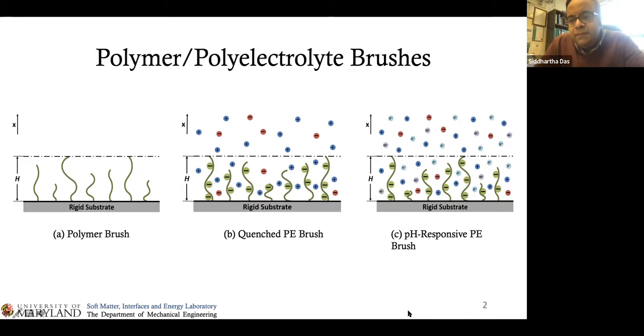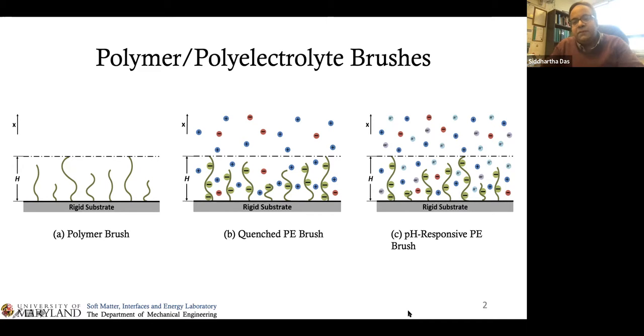Now, when polymers and polyelectrolytes are very densely grafted to a substrate, dense enough so that, in order to avoid their adjacent polymer molecules, they extend vertically away from the grafting surface, it leads to the formation of a polyelectrolyte or polymer brush, the bristles of a toothbrush, that kind of a structure.